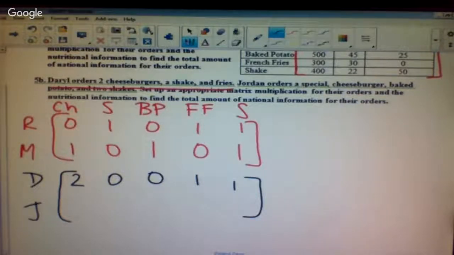Now we've got to fill in Jordan. Jordan orders a special, cheeseburger, baked potato, and 2 shakes. So what do we put for cheeseburger? 1. Special, 1. Baked potato, 1. French fries, 0. Shakes, 2. So you would multiply this times this and get your first set of answers, and then multiply this times this and get your second set.